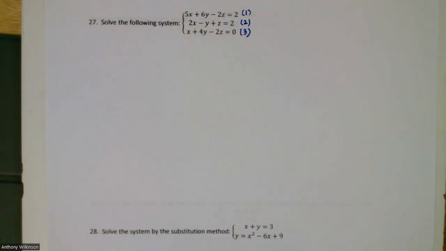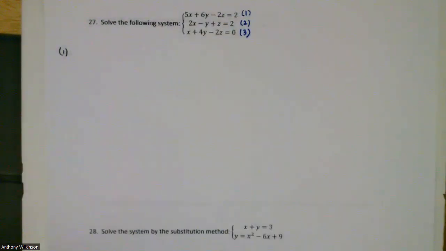Now, what I'm going to do here is label this as equation 1, equation 2, and equation 3 in that fashion. And I'm going to work with 2 equations at a time and eliminate a variable. Let's start with equation 1 and equation 2.